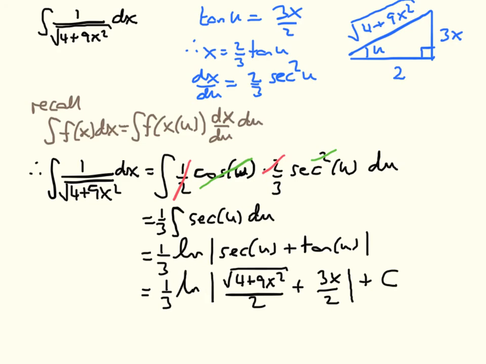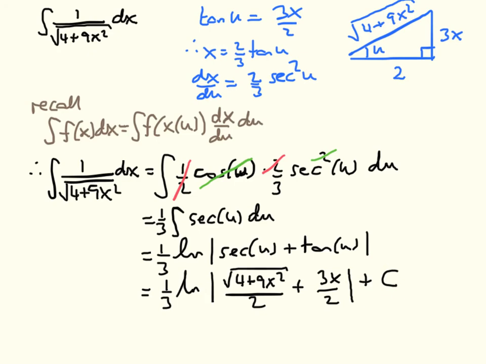And we can simplify this ever so slightly if we realize that here everything is divided by 2, so we can take out this factor and say that the log of something divided by 2 is the log of something minus the log of 2. So we would have minus 1/3 times the log of 2, which is just a constant that could be absorbed into our unknown integration constant.